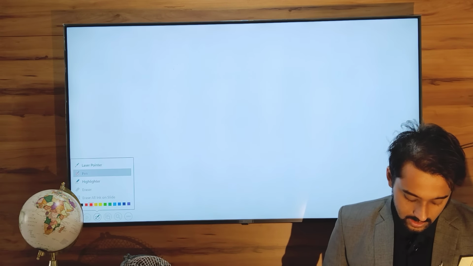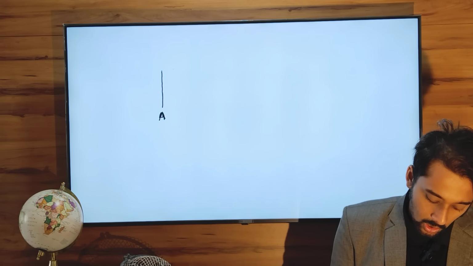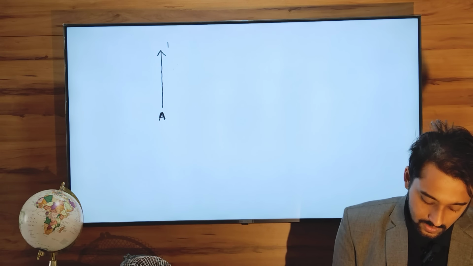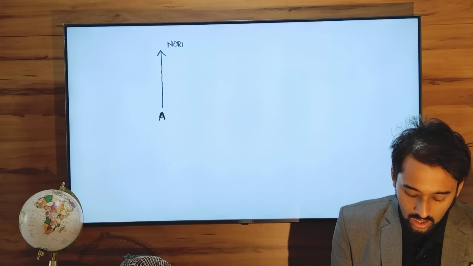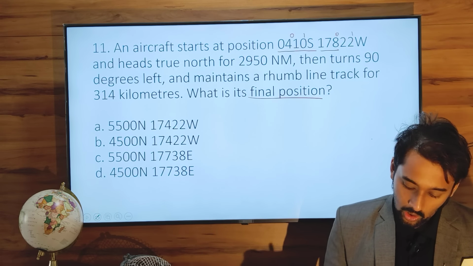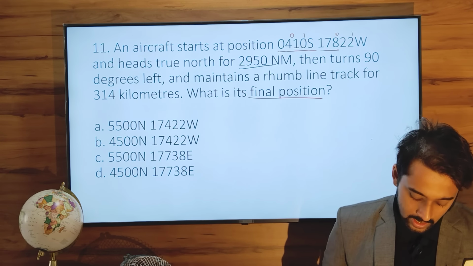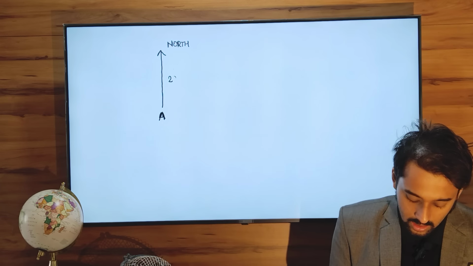So let's draw this. The aircraft is starting from here at position A. It goes in the north direction for a distance of 2950 miles.